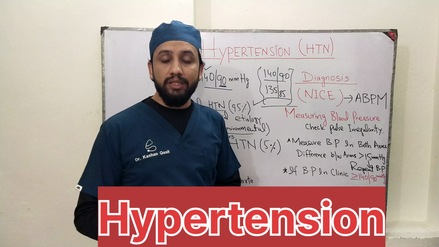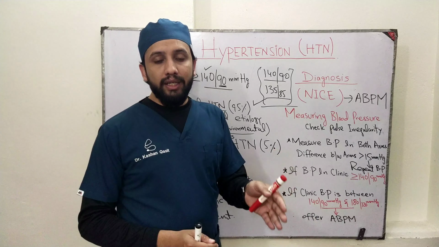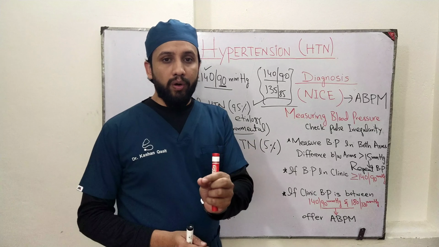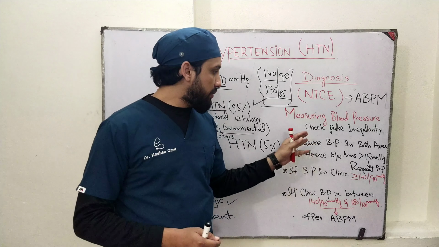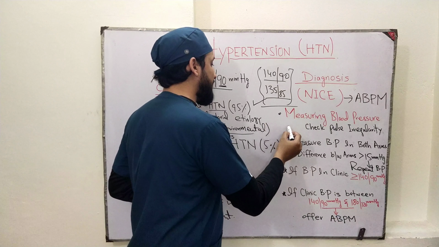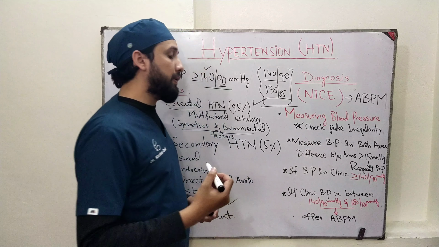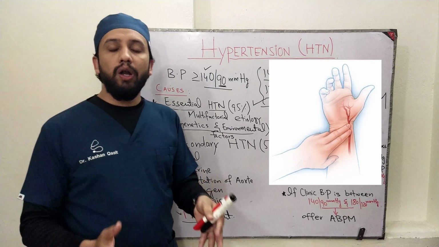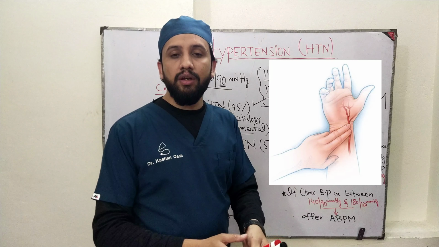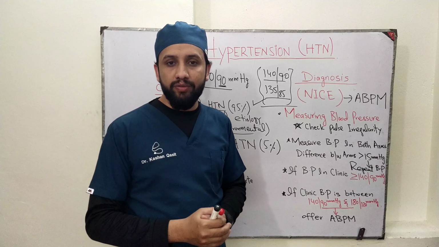Now I am going to discuss some important points regarding the measurement of blood pressure in the clinic, the key points during measurement. Number one is checking the pulse regularity. Always palpate the radial pulse before measuring the blood pressure, because pulse regularity is very important.